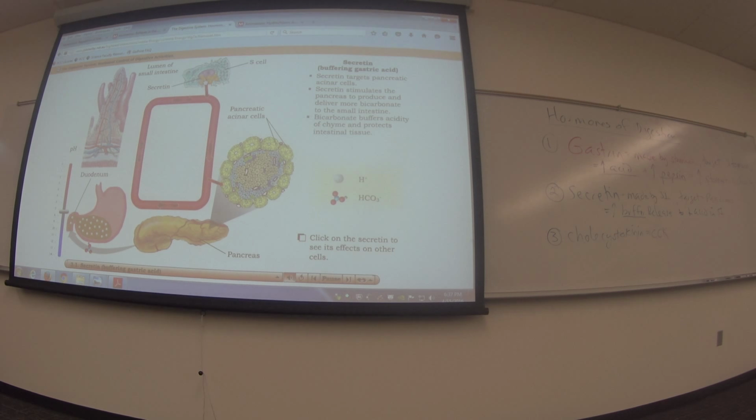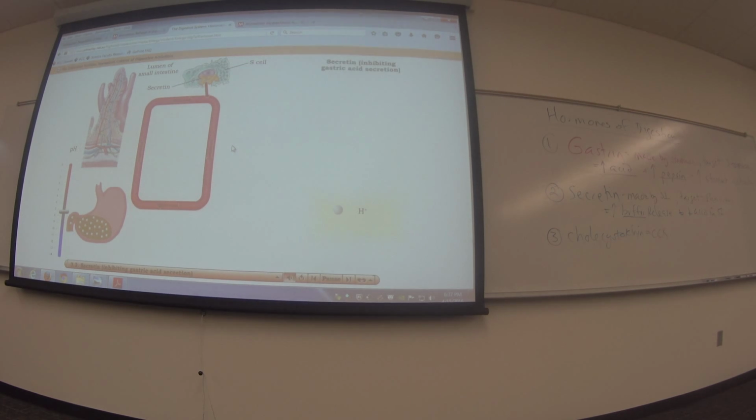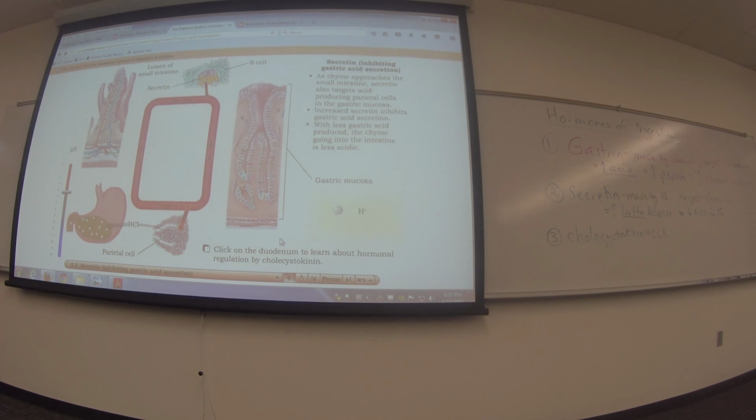Click on secretin. Secretin also targets the acid-producing parietal cells of the gastric mucosa. An increase in secretin will inhibit the secretion of gastric acid. So the less acid produced, the lower the acidity of the chyme moving into the duodenum. So gastrin makes more acid, secretin makes less.